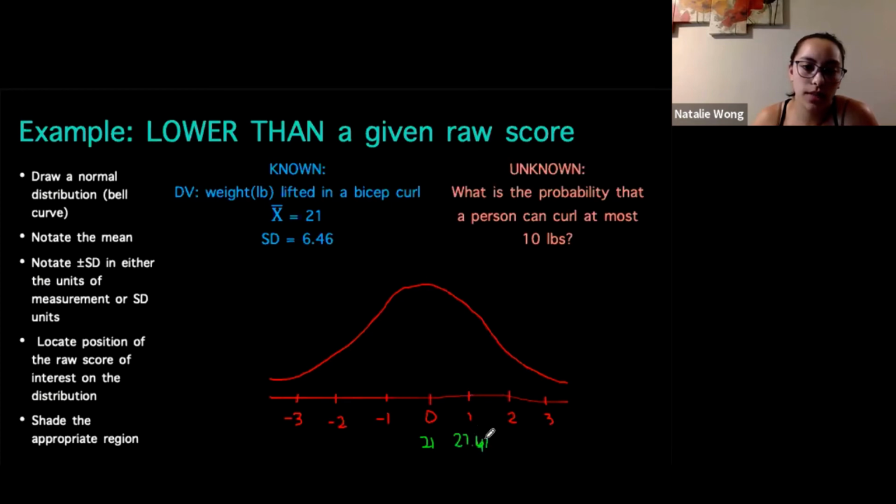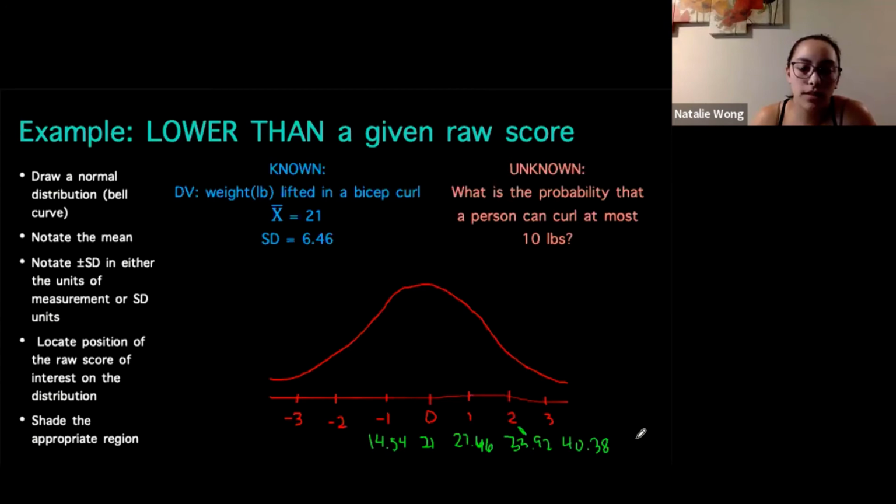Add 6.46 to that and we end up with 33.92. That goes to 2 standard deviations. Plus 6.46 gives us 40.38. If we were going below the mean, we start at 21 and subtract 6.46, which gives us 14.54. Subtract 6.46, subtract 6.46.